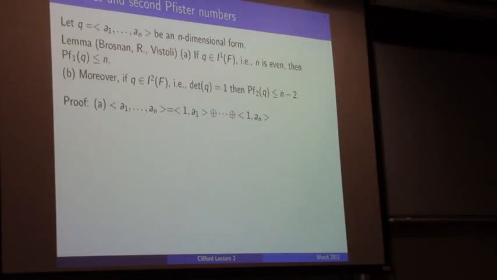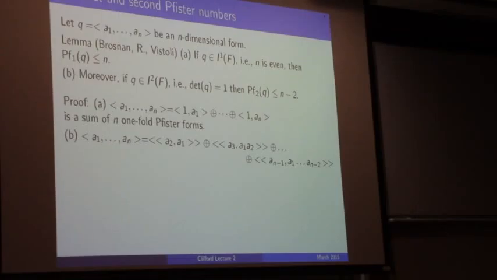So if I have an n-dimensional form, n is even here because I'm assuming that q is an I1. I write this form as <1, a1> plus <1, a2>, etc. And each one of those is a one-fold Pfister form, each summand here. So I need n to do this. Okay, so that's the proof of part A.